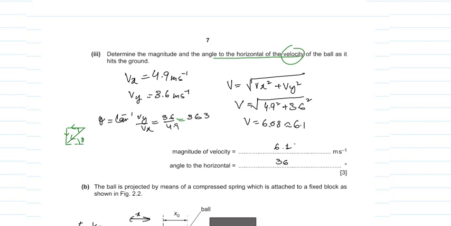The net velocity combines the vertical and horizontal components. So 4.9 squared plus 3.6 squared, square-rooted, gives 6.08, which after rounding off is 6.1. And the angle is tan inverse of Vy over Vx, 3.6 over 4.9. So the angle will be 36.3, and after rounding off, it will be 36 degrees.